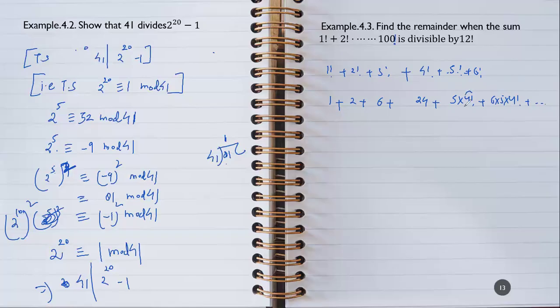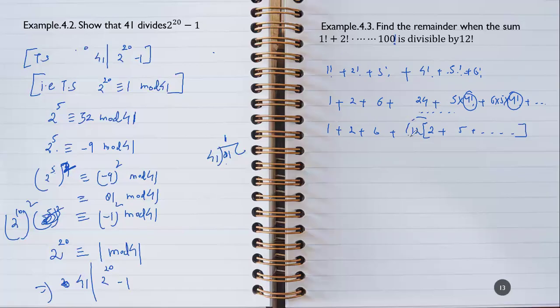So 4 factorial is hidden in every number, and from 4 factorial I can take 12 common, since all these numbers have 4 factorial, which has 12 as a multiple.